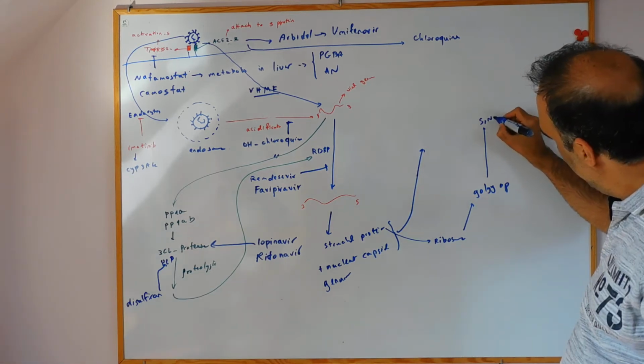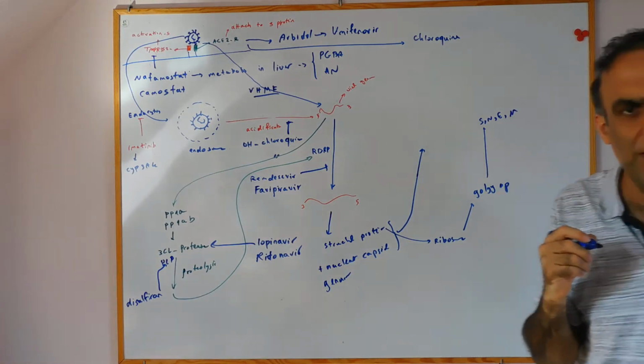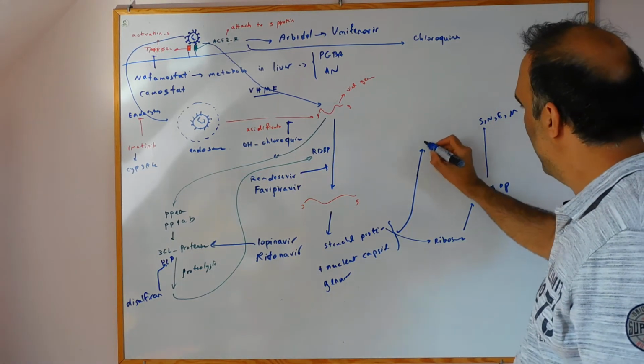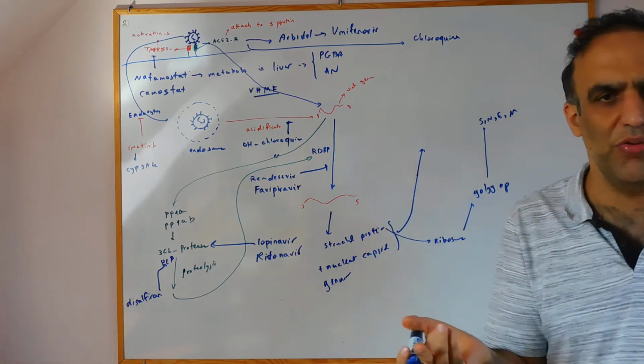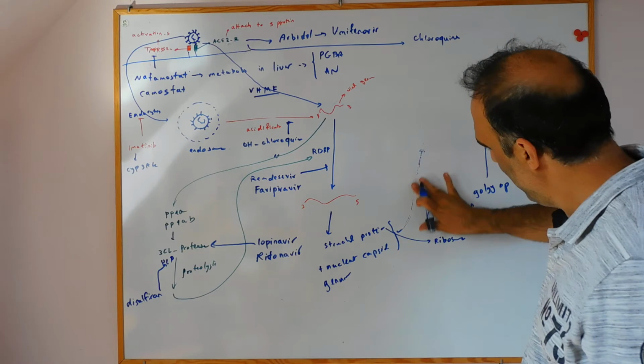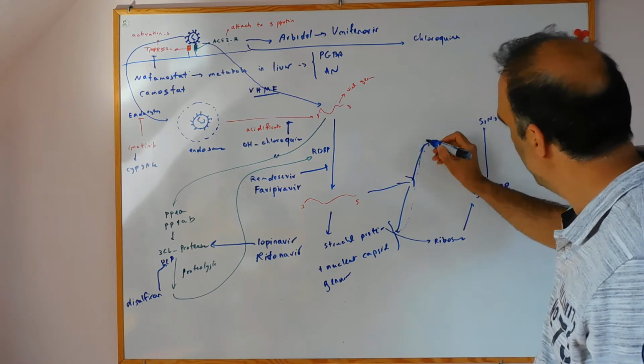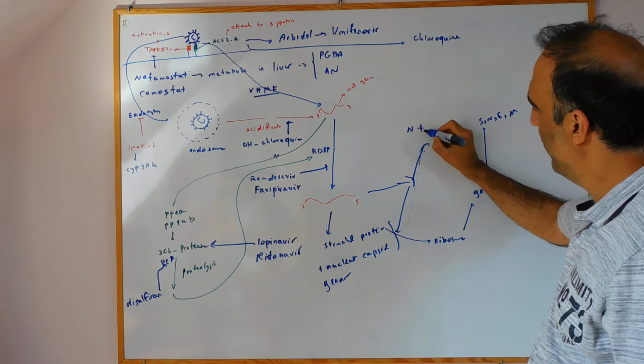Because these proteins, S, N, E, and M, are produced, and both of them, and the genome, nucleocapsid, will be N protein plus the RNA.